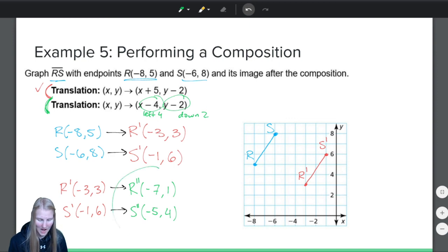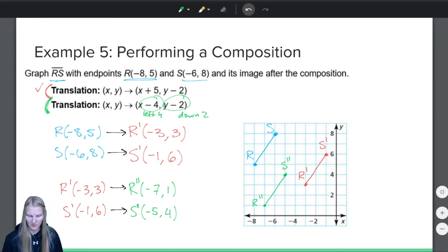So let's graph R double prime and S double prime. Negative 7, 1, R double prime, and negative 5, 4 is S double prime. Now, does R double prime S double prime look exactly the same as R prime S prime?